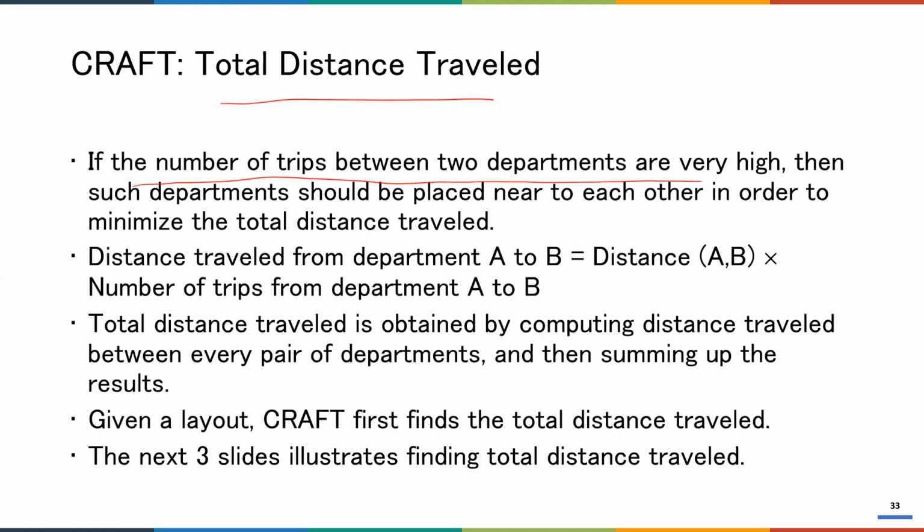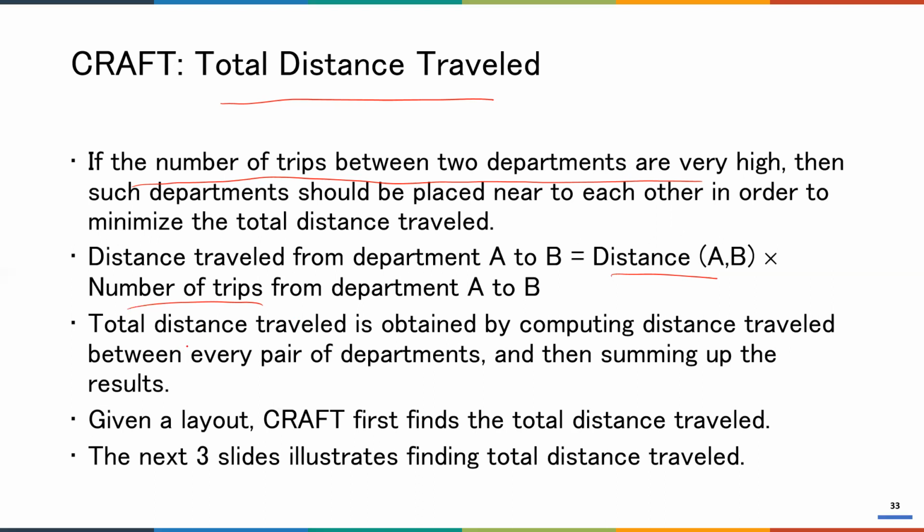The total travel distance is the distance multiplied by the number of trips, or frequency. So if there is a lot of frequency, there is a lot of movement, which means they need to be close to each other.